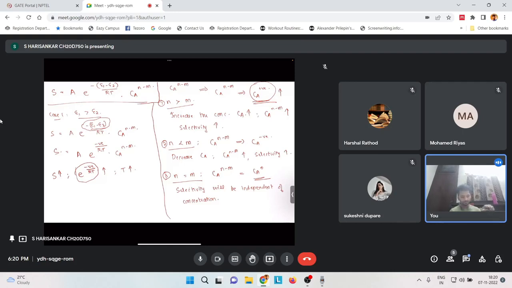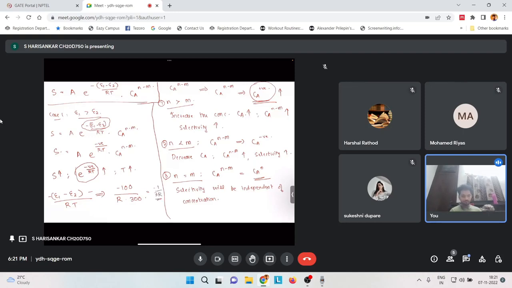I'll show you one example. Let's take E1 minus E2 by RT, and consider two cases. Let's say the numerator is minus 100 by R, and for T, case 1 is, let's say, 300 Kelvin. So this is basically minus 1 by 3R, right?